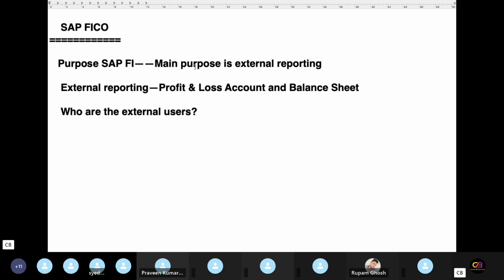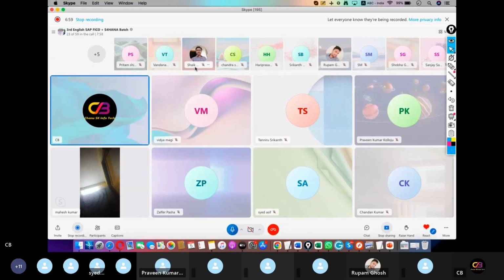That is very important. Now the question is, who are the external users? Tell me.